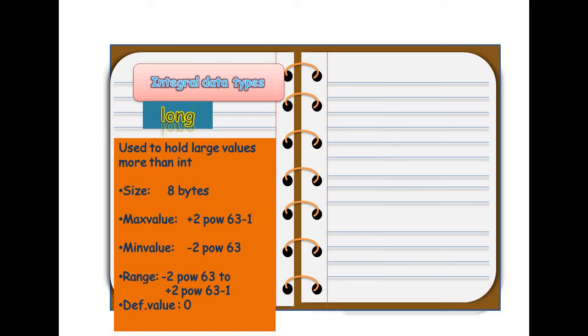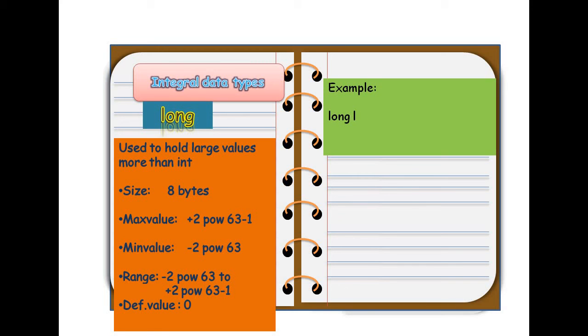That is the range, and the default value is 0. If you do not define the long data type, by default it will store 0. For example, long l1 = 1300000090. This is an example for a long value.